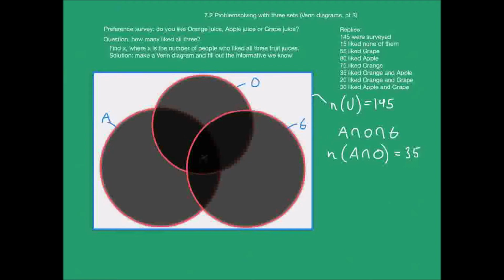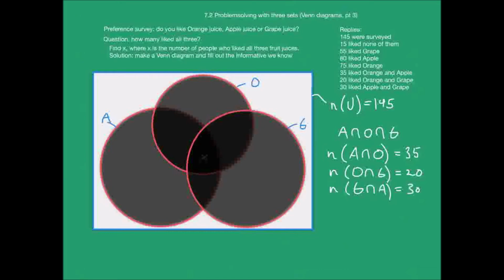And we also have the number of elements in orange juice and grape juice, 20 people. We also have the number of elements in grape juice and apple juice. And that was 30 people.